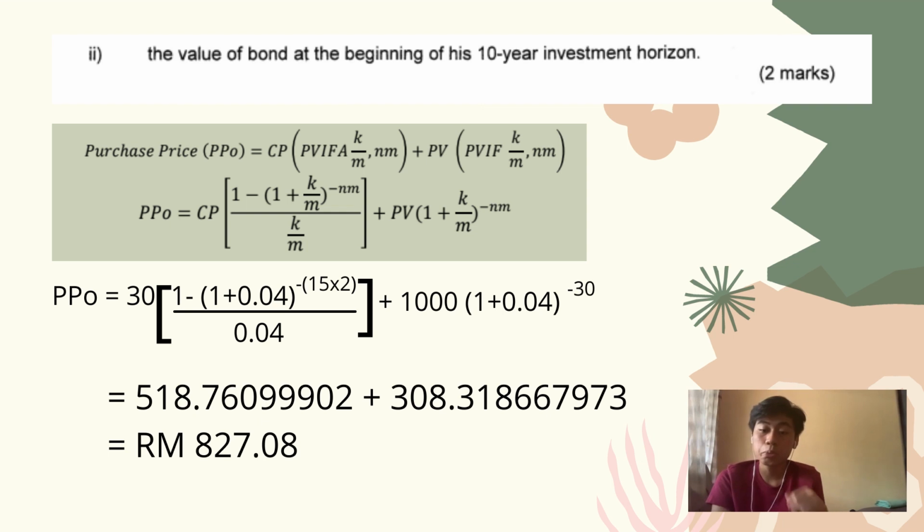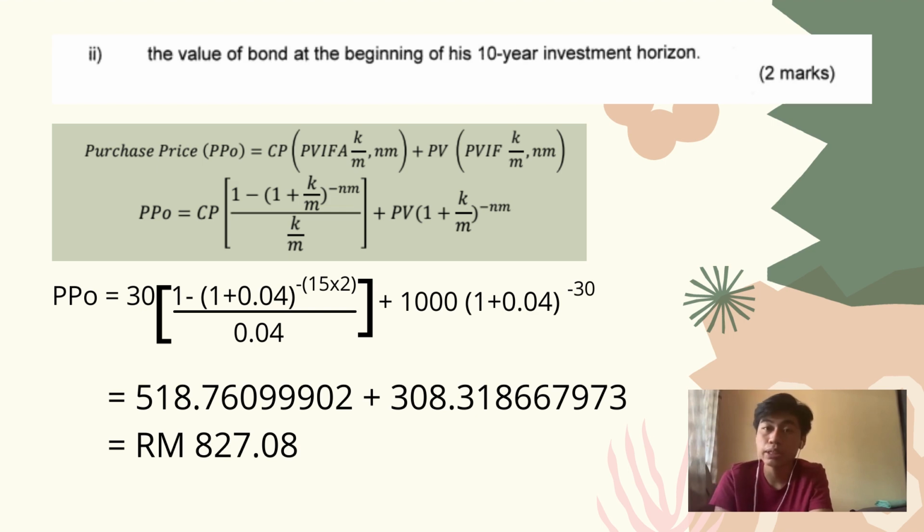After substituting the data we gathered before, the answer we got is 518.76 plus 308.31.